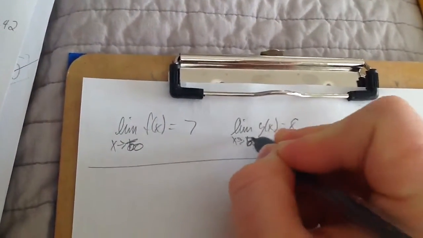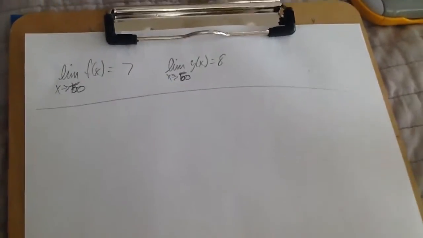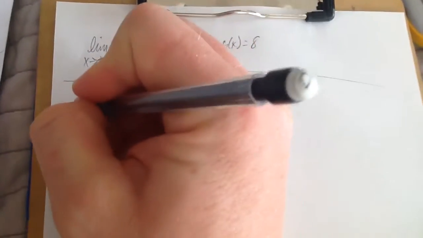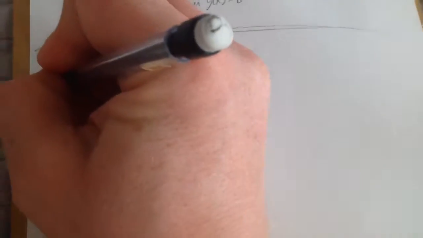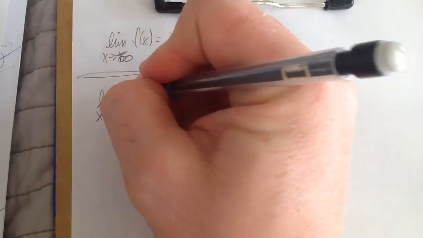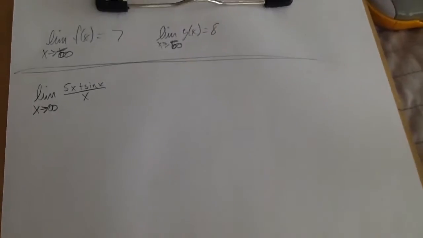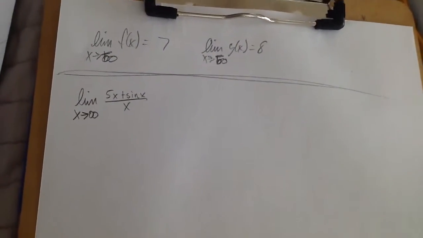So it still works. And the reason this helps, the way we can use it, is in a way we haven't yet. Now you can start writing. If we're trying to find the limit, as x approaches infinity, of (5x plus the sine of x) over x, and we're trying to do that without a calculator, it can be tough.